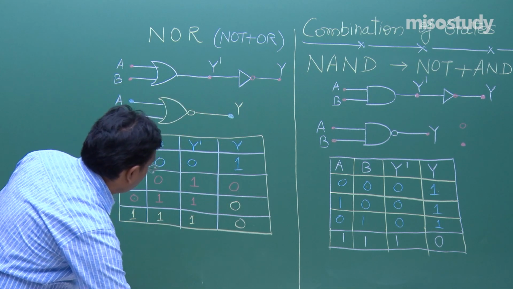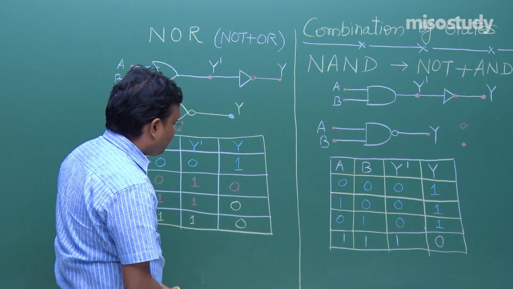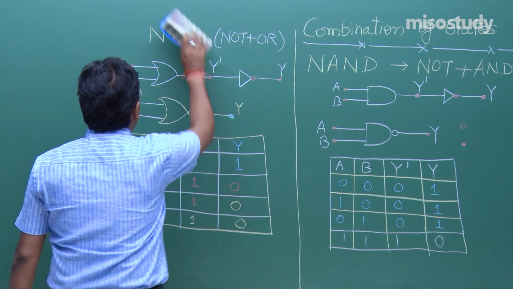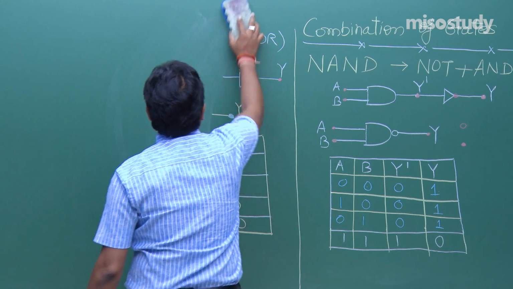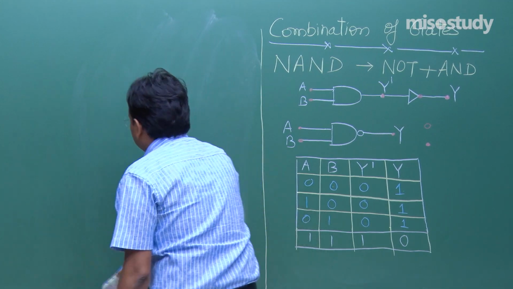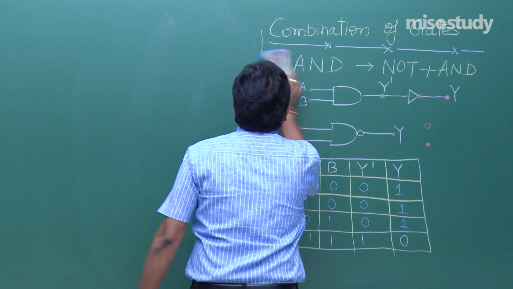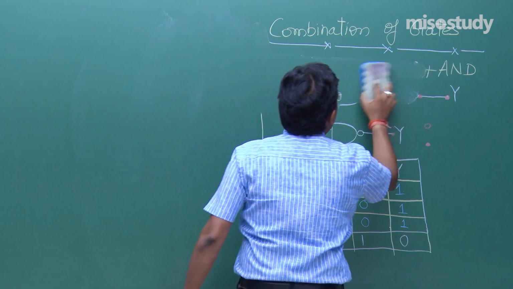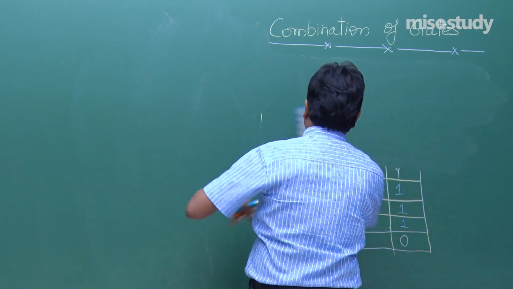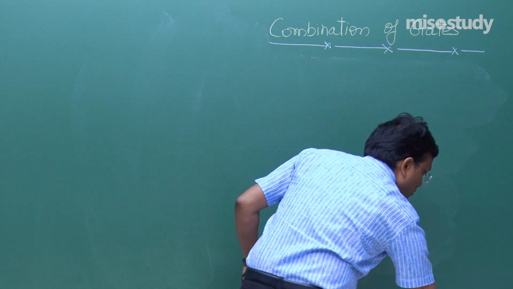I think I should erase this, then I should explain. Combination of gates is the heading we need, so let it remain like that.